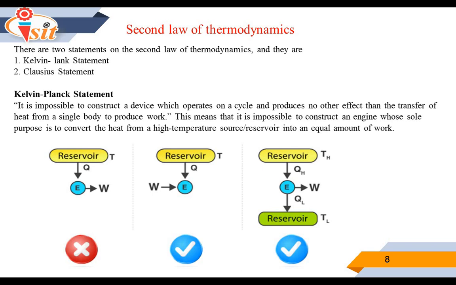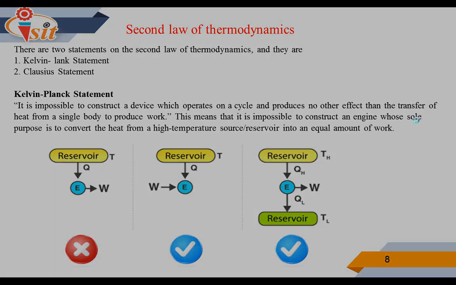Clubbing these two statements, the Kelvin-Planck statement was derived. This is also known as the heat engine statement of the second law of thermodynamics, which says it is impossible to design a device that works on a cycle and produces no other effect than heat transfer from a single body for the production of work.